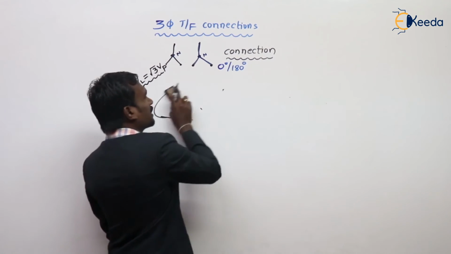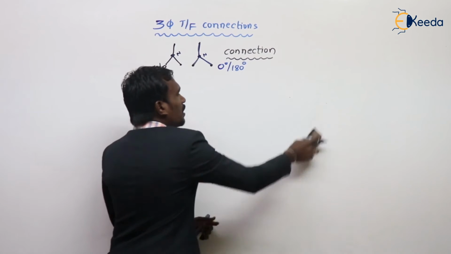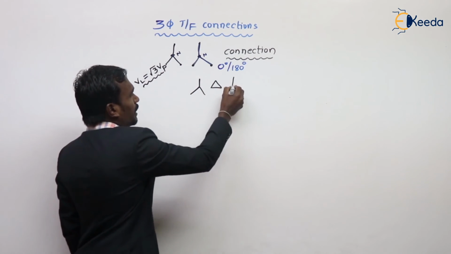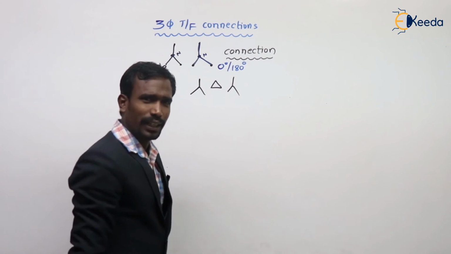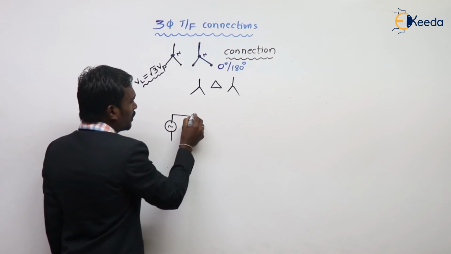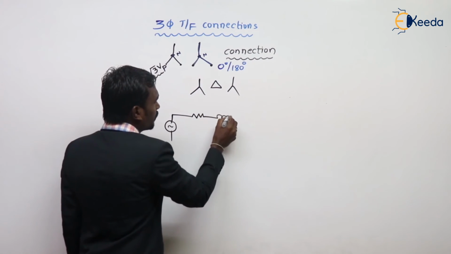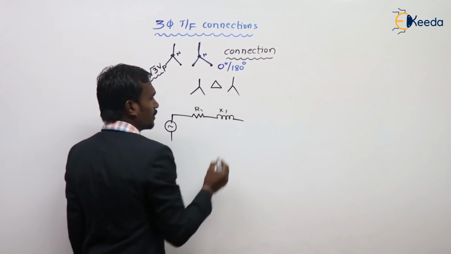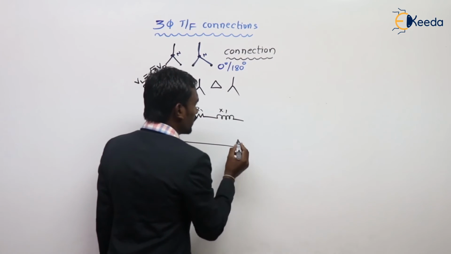The equivalent circuit of tertiary winding. For example, see here. This is my primary, R1 X1.